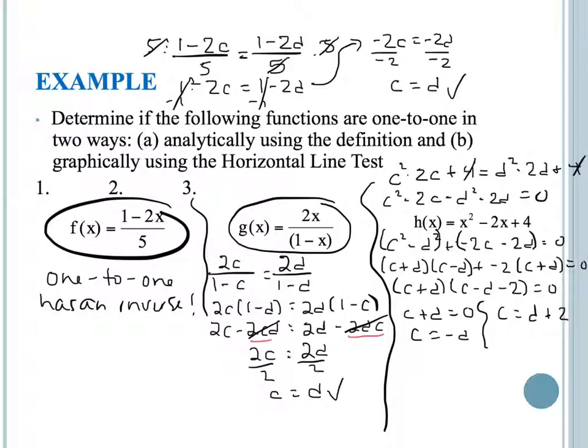So I have 2 different options here as to what c equals, and that's a problem. I do not have one output for c. I have 2. This is not 1-to-1. This is not invertible.